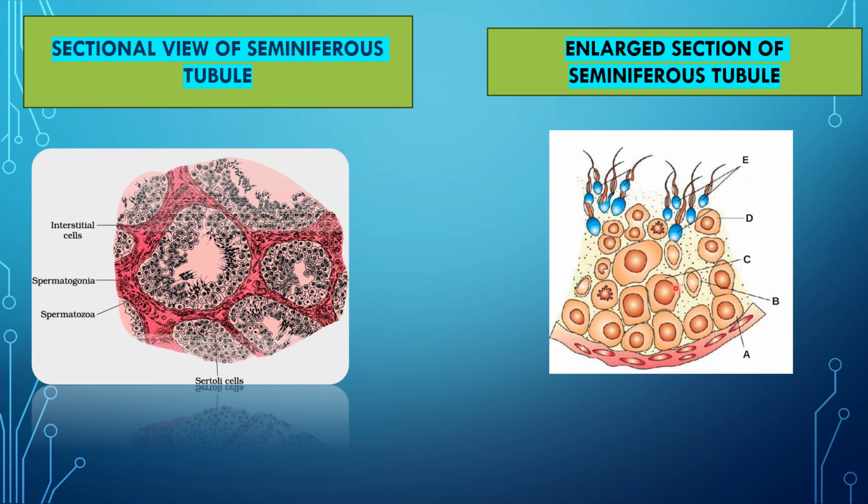B is the Sertoli cells, and C is primary spermatocyte. These are primary spermatocytes, and D is secondary spermatocyte. And this one bigger, blue colored structure is seen, isn't it?